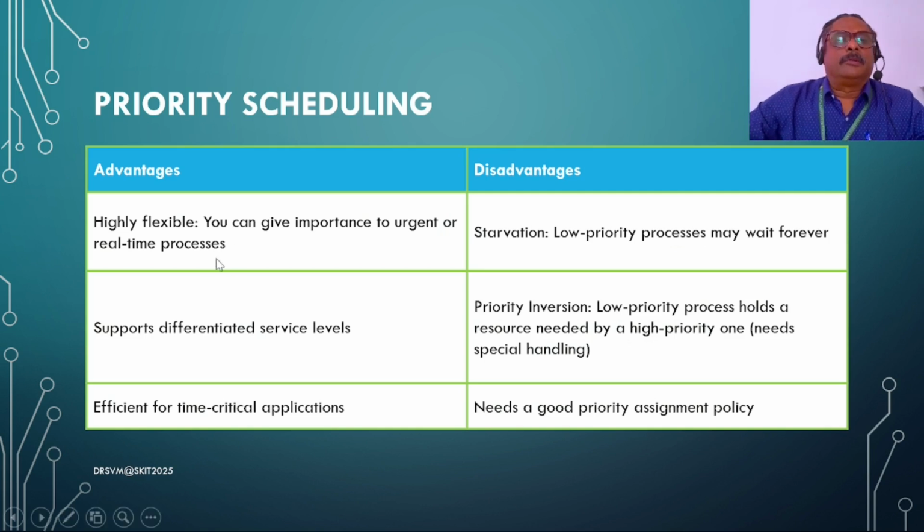Now looking at the advantages and disadvantages of working with priority scheduling. The advantage is that it is highly flexible. You can give importance to urgent and real-time processes. Like, I'm moving the mouse. When the mouse is moved, the mouse icon on the screen is also moving, and I would expect this motion to be in real time.